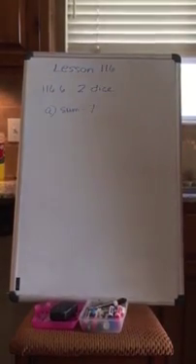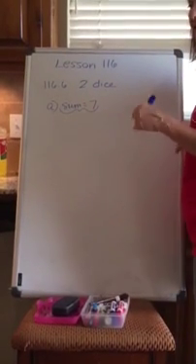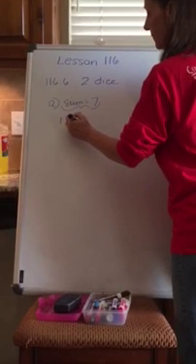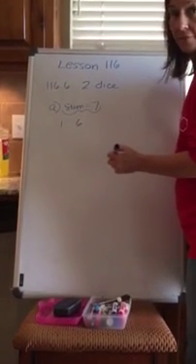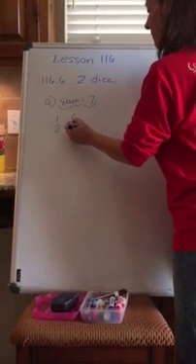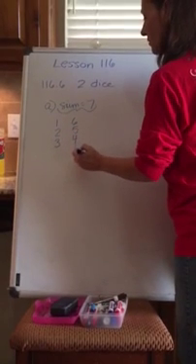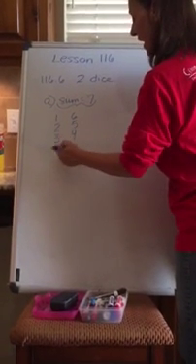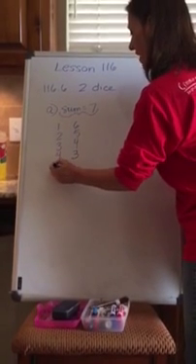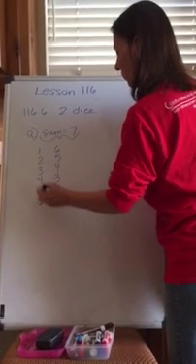So I ask myself, what could I roll on the dice such that the sum would be 7? Well, I could do 1 and 6, I could do 2 and 5, I could do 3 and 4. If I rolled 4 on this die, I could get 3 on this one. If I rolled 5 on this die, I could get 2 on that one. If I rolled 6 here, I could get 1.